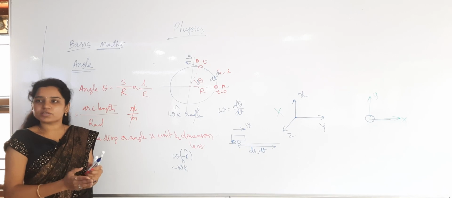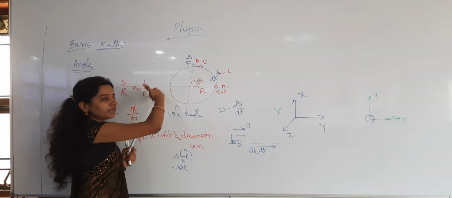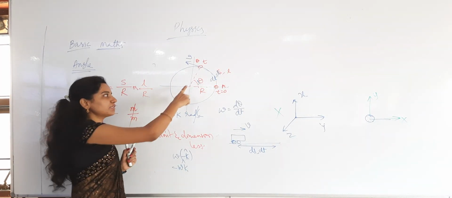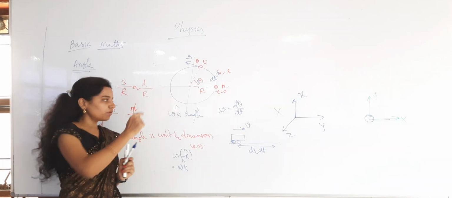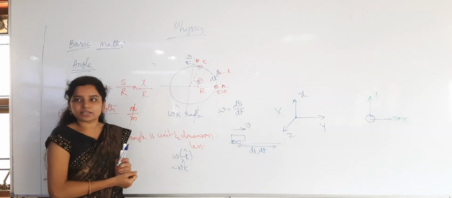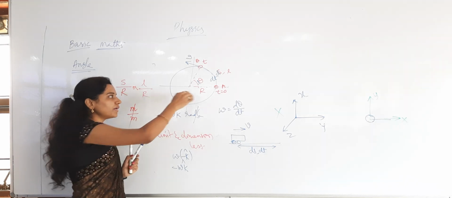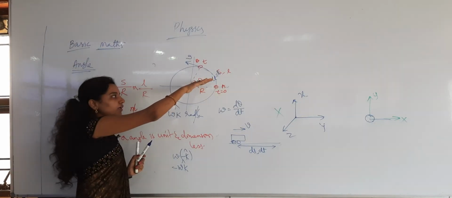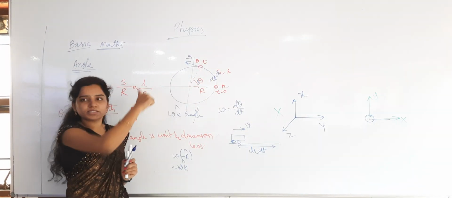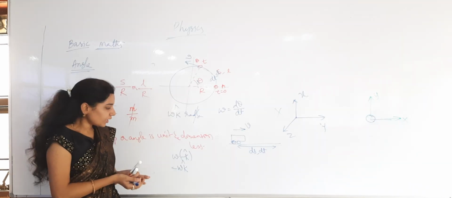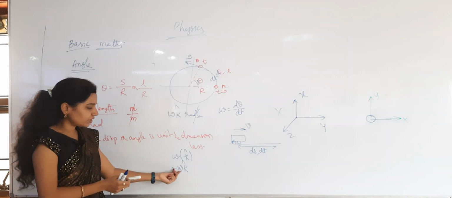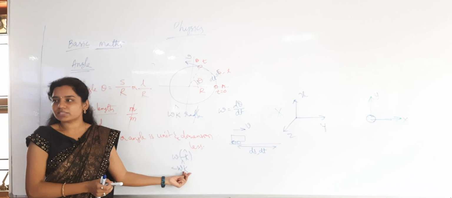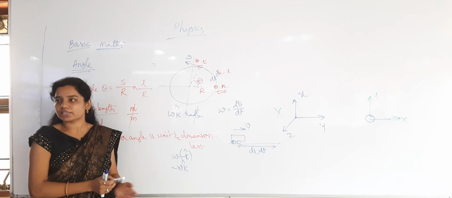When will the angle be positive? Whenever we are moving in anti-clockwise direction, the angular displacement is positive. So I am getting the positive angular velocity. Whenever the particle is moving in the clockwise direction, my angular velocity is towards the minus Z axis, so that is minus omega K cap.